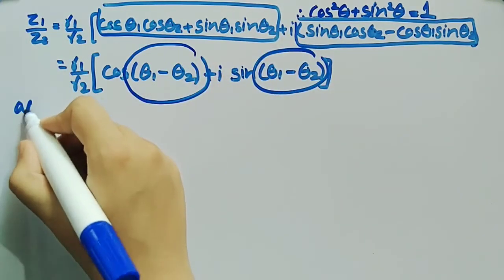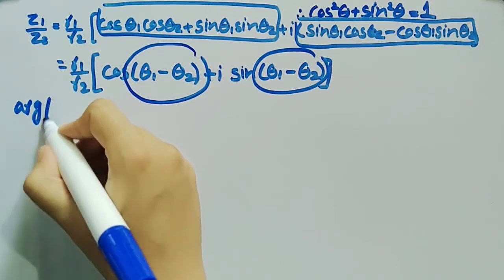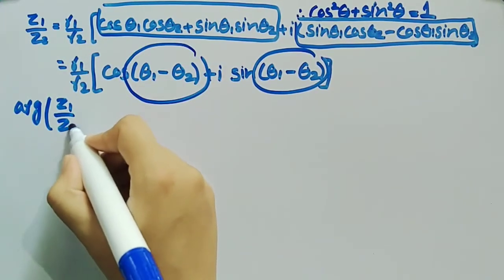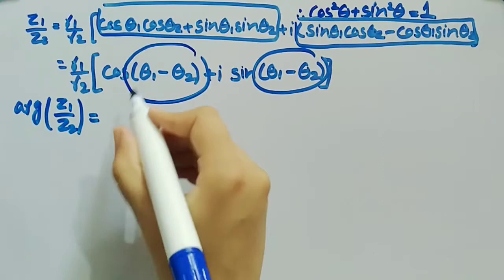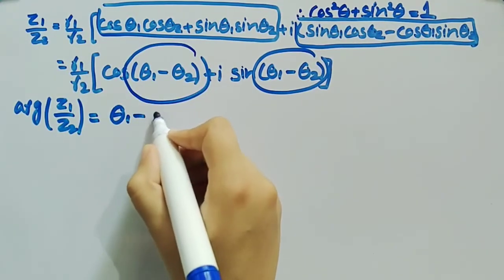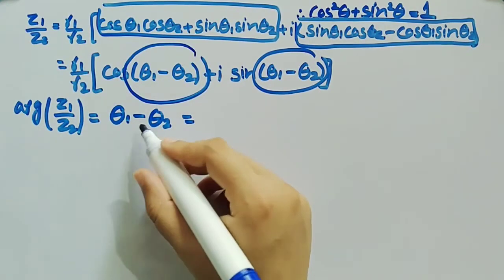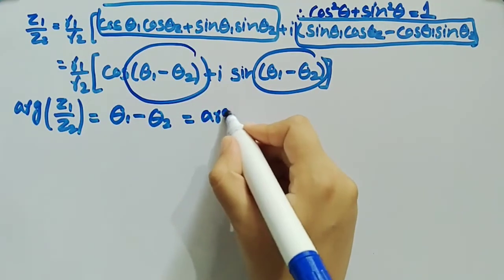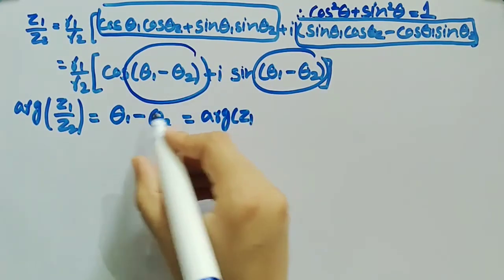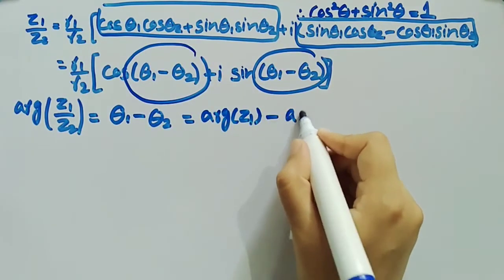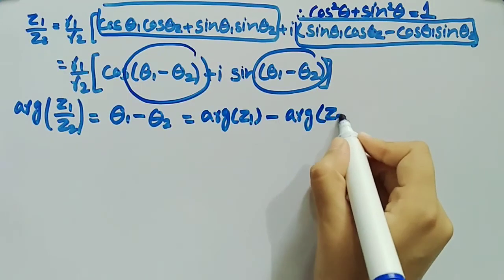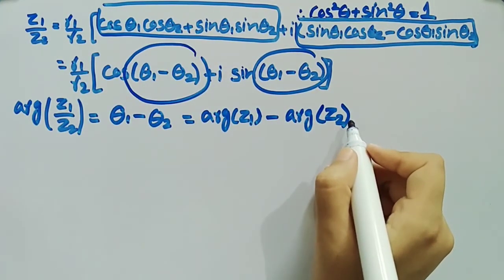So the argument of z1 by z2 is equal to theta 1 minus theta 2, and in the beginning we have considered theta 1 as the argument of z1 and theta 2 as the argument of z2. So we have proved that the argument of quotient of complex numbers equals difference of arguments of complex numbers.